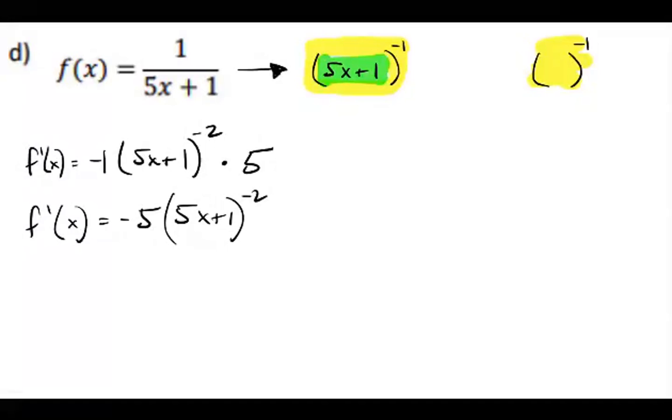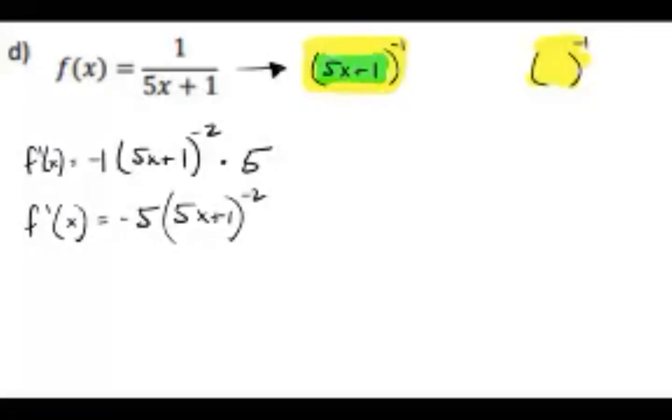Now, again, I'm not going to present that as my final answer because it has a negative exponent. So now I have to change it back. Everything with a negative exponent, I have to fix so that it doesn't have a negative exponent anymore.